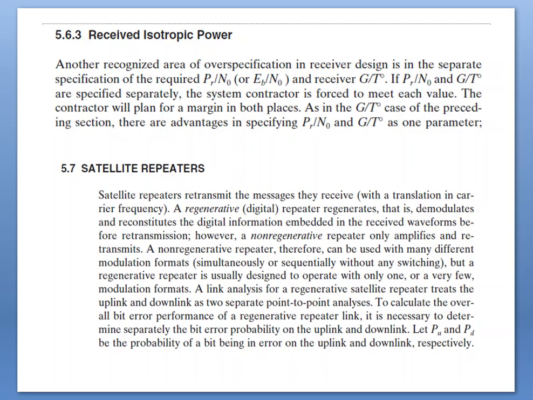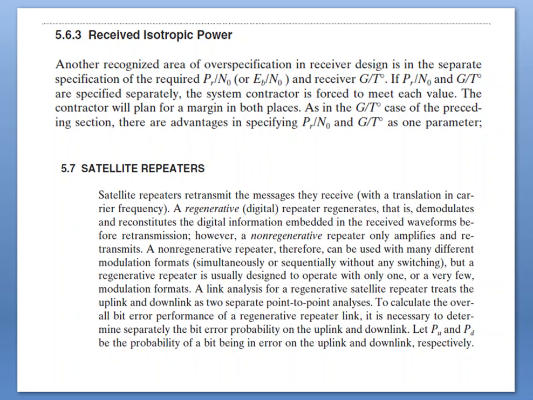So that's why a contractor must be focused on the P by N naught value versus the G by T naught value by considering loss performances. So that's why received isotropic power plays a crucial role in the received power margin declared by the receiving device.